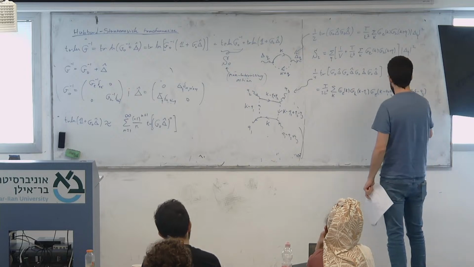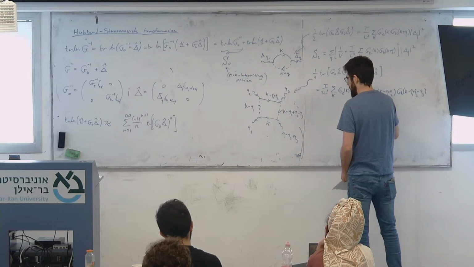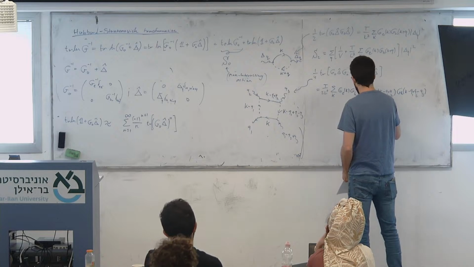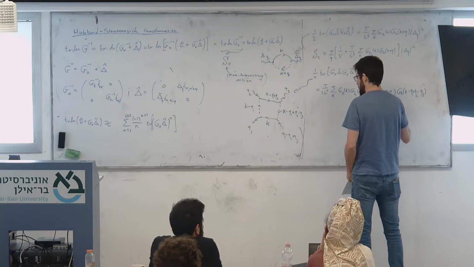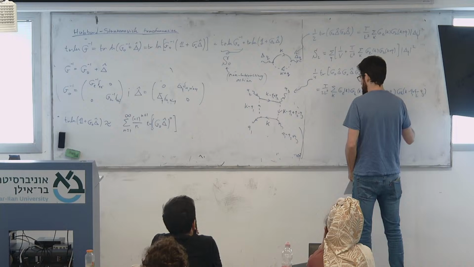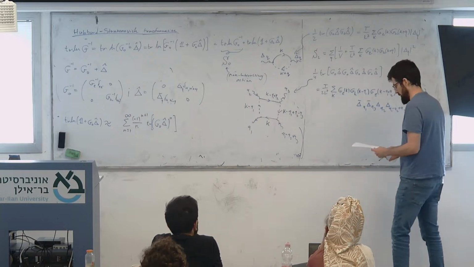And this whole thing is then multiplied by delta bar of Q1, delta bar of Q3, delta of Q2, delta of Q1 minus Q2 plus Q3. And then it's balanced, this term.